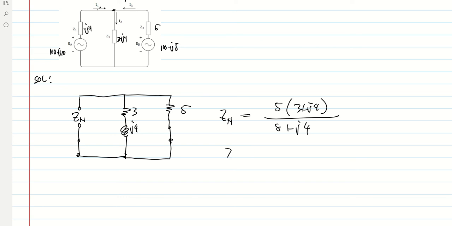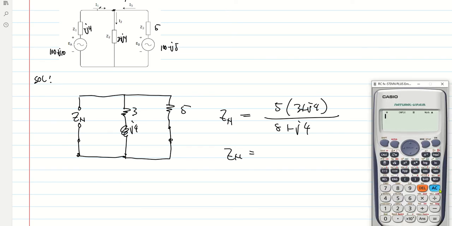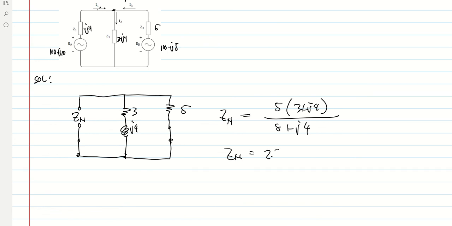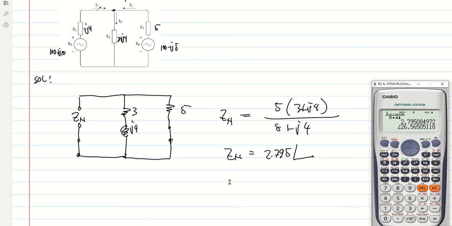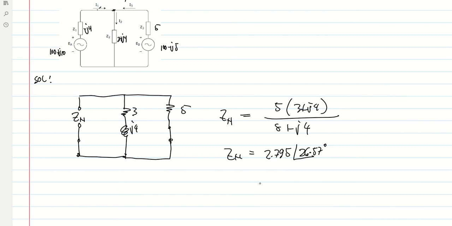Then Zn now will be equal to 15 plus J20 all over 8 plus J4, which is 2.795 angle 26.57 degrees.